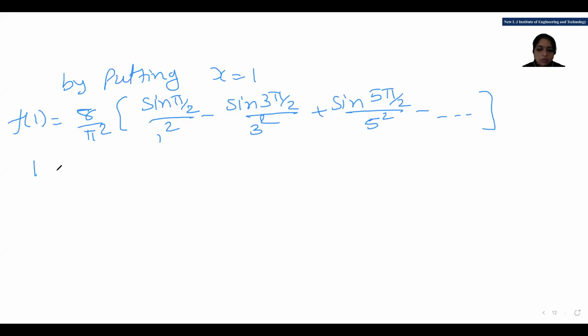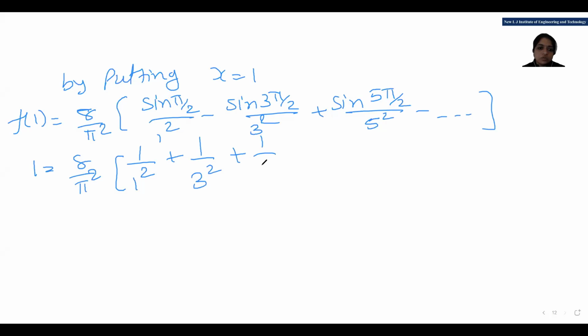Here 8 upon pi square, sine pi by 2 is 1, so 1 upon 1 square. Sine 3 pi by 2 is minus 1, so minus minus plus, so 1 upon 3 square.